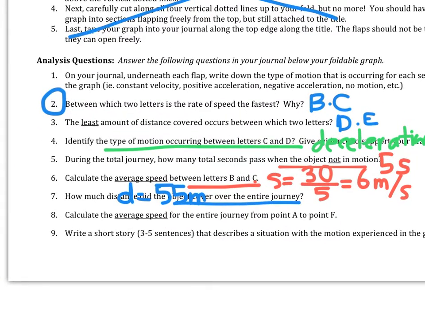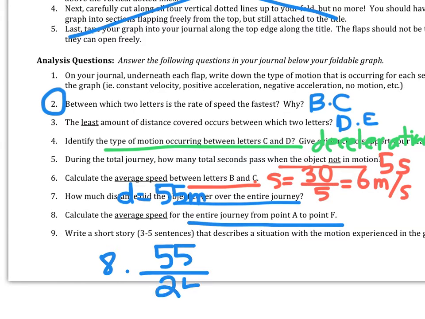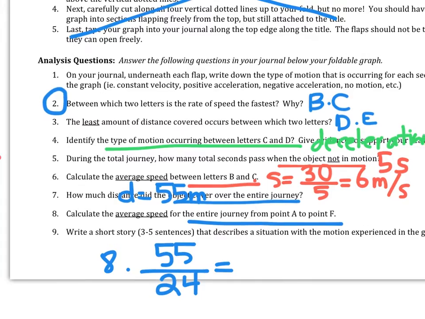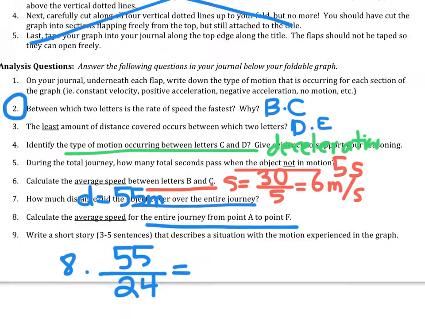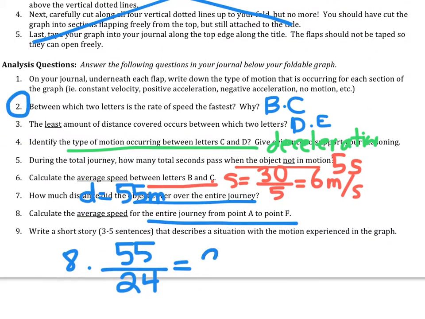Number 8, calculate the average speed over the entire journey. Well, the total distance is 55, divided by the total amount of time, which is approximately 24 seconds. If we go back to the graph, we can see that it's approximately 24 seconds. So 55 divided by 24, and if I remember correctly from the answer key, it's 2.29 meters per second. So that's number 8.